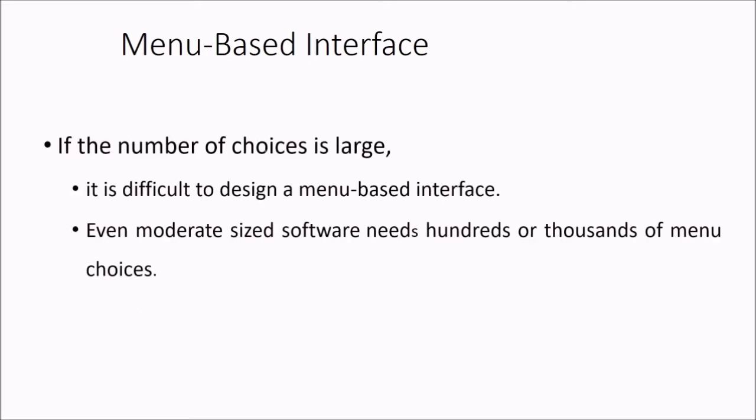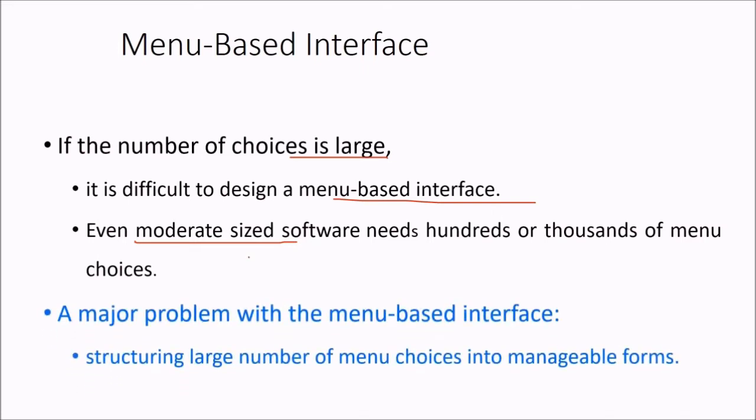If the number of choices is large, it is difficult to design a menu-based interface. Even moderate-size software would need hundreds or thousands of menu choices, even a basic software. So a major problem with the menu-based interface is to structure a large number of menu choices to make it manageable, to make it worthwhile.